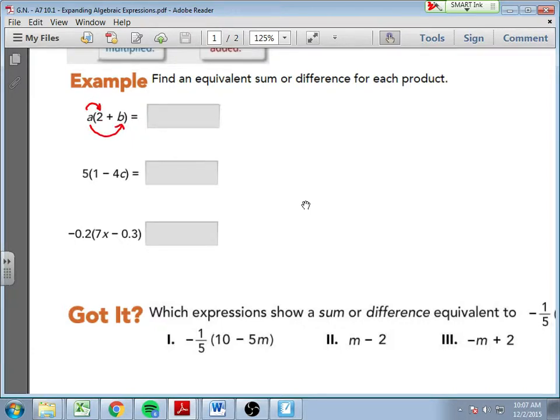Some people like that better because then they show their work by doing a times 2 up here, a times b down here, and then when they put them together, instead of saying a times 2, we like it better when the number's first. So we'll say 2a, grab the addition from between them, plus a times b. Try the next two on your own.